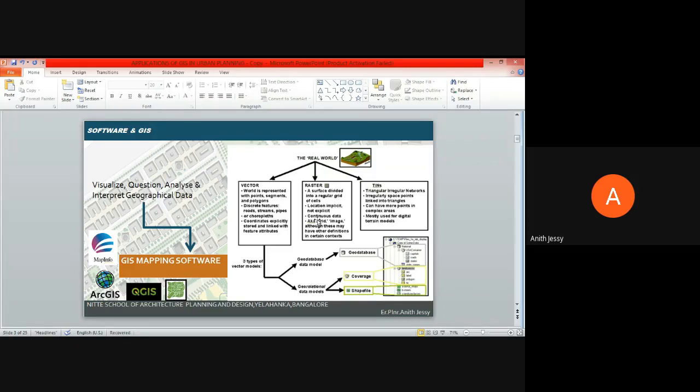Like QGIS, you are eligible to work within a few limits on the unpaid version. There are also ArcGIS, MapInfo, and OpenStreetMap, which always use GIS data, and they are available online for anybody to use. They collect the information in terms of vector and raster, and store the information in a folder called a geodatabase, through which you do analysis and get it converted into all the map systems.